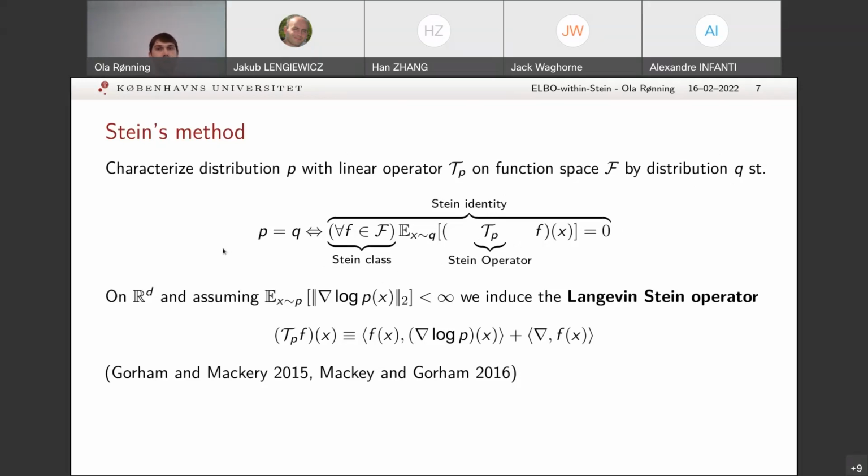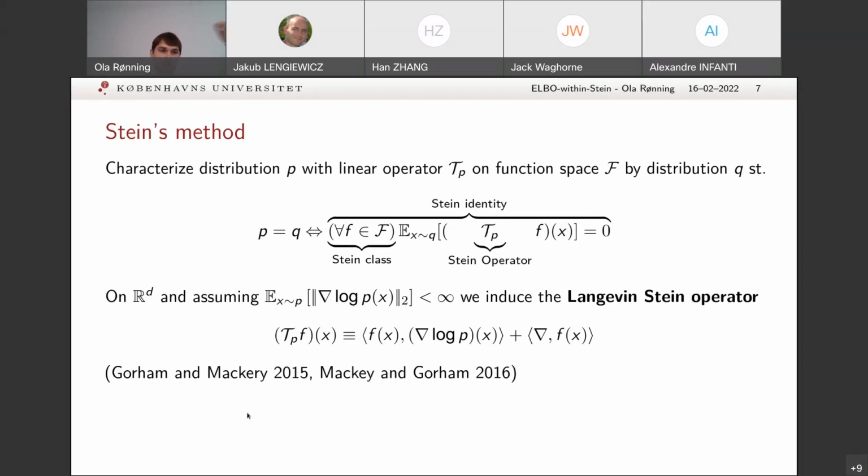Now, we'll be interested in the space R^d as our domain. We'll be moving into real space, and if we introduce a further constraint that our score function, the normal Euclidean score function, is finite under expectation, then we get this Langevin-Stein operator.